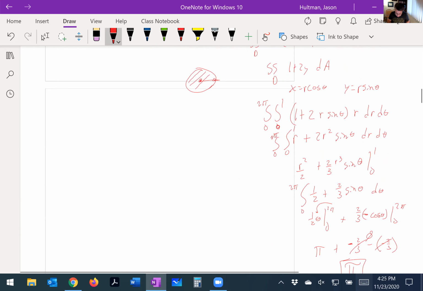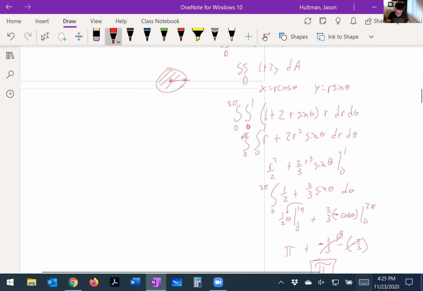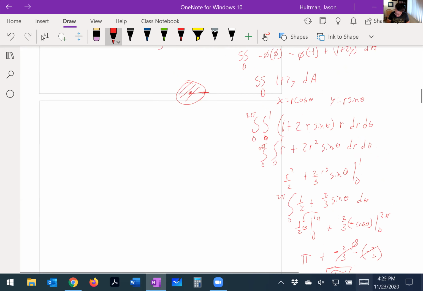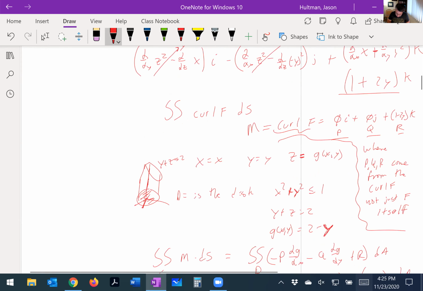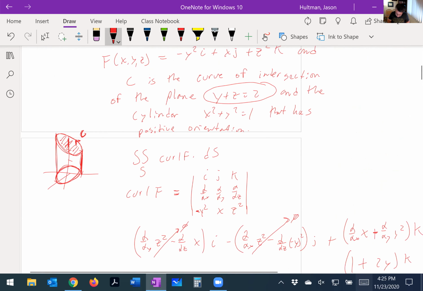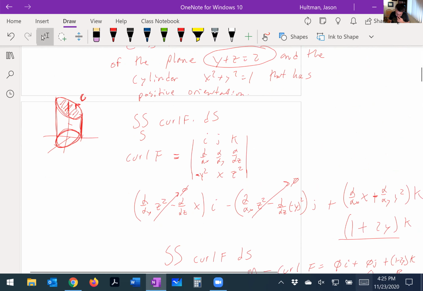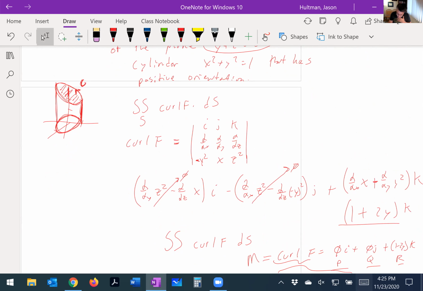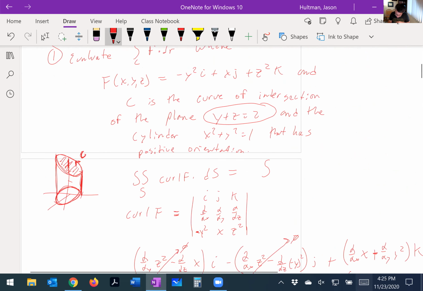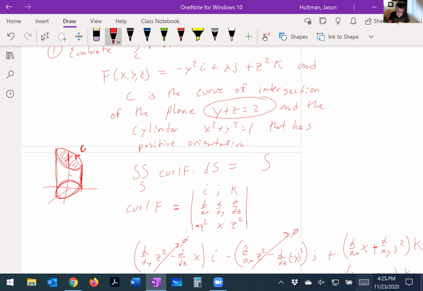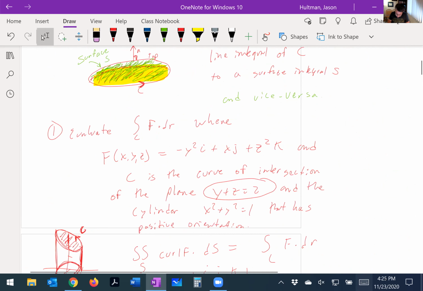So going back to Stokes' theorem. And we would say that this thing is equal to the integral of c f dot dr. That's correct.